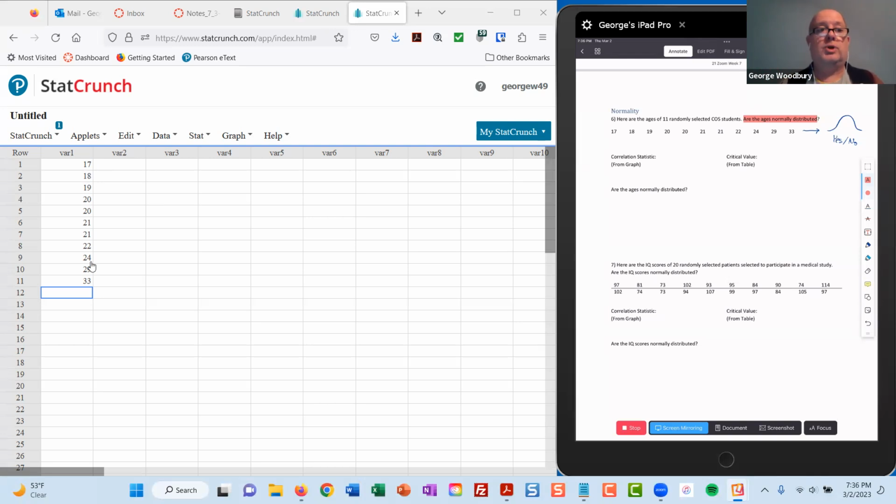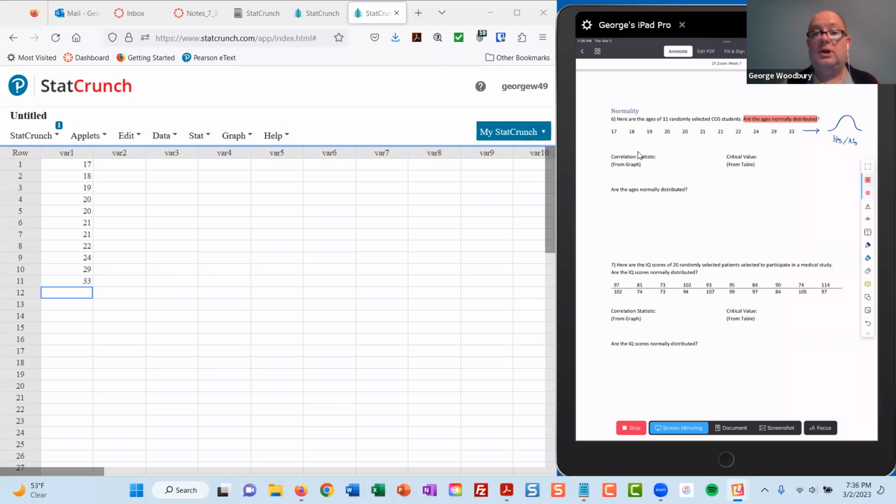You can read what you typed into StatCrunch while they're holding the sheet in their hand, and they can make sure you're saying the right numbers. Sometimes getting a second pair of eyes on the data is really helpful, because you don't want to get a problem wrong because you typed a 21 as a 12, or skipped one of the 21s. So I do think getting somebody to help you with that part is a good idea, and I would really recommend it.